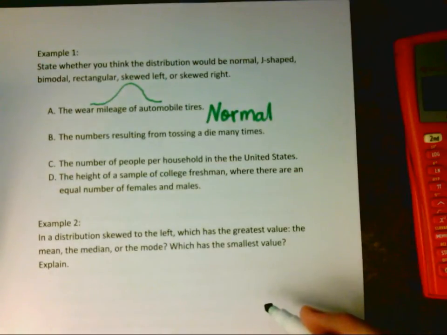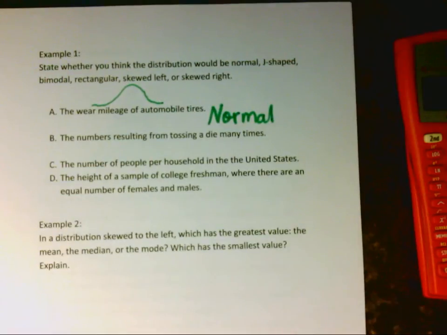The numbers resulting from tossing a die many times. They usually say rolling a die. If you roll a 6-sided standard die, like we talked about in probability, if you do it enough times, you have an equal likelihood of having a 1, a 2, a 3, a 4, a 5, a 6.